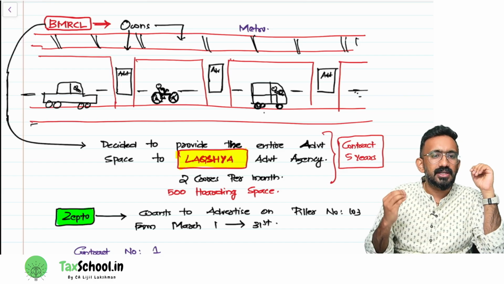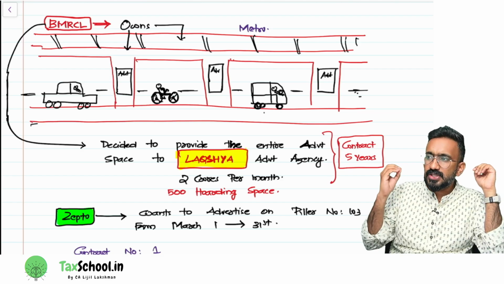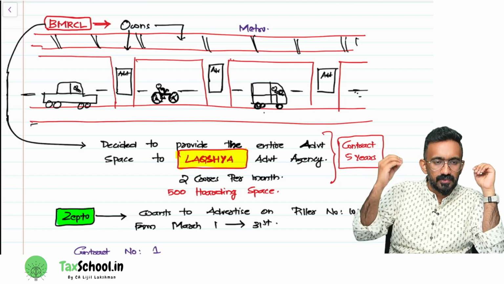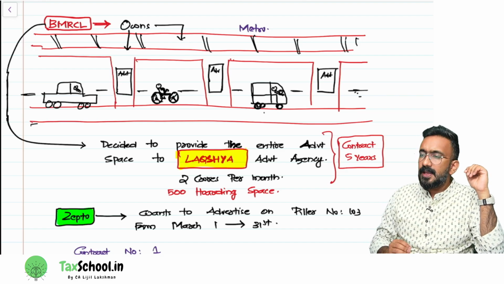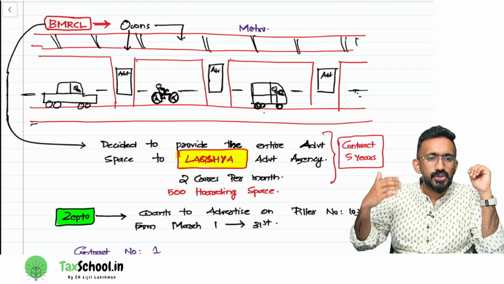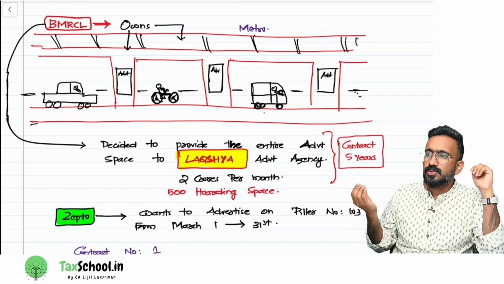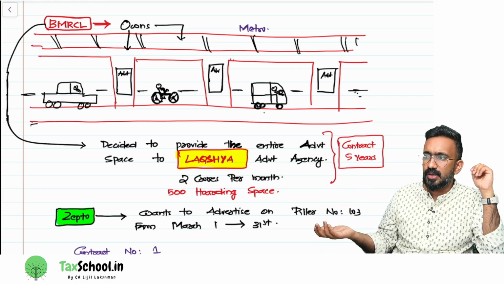This contract is considered to be a service in relation to immovable property. The place of supply for this would be the location of the immovable property, right? Now Lakshya would further give it to companies who want to advertise. There's this company called Zepto. You've heard of Zepto, right? Zepto wants to advertise on one of these pillars, pillar 103, from March 1 to March 31st.